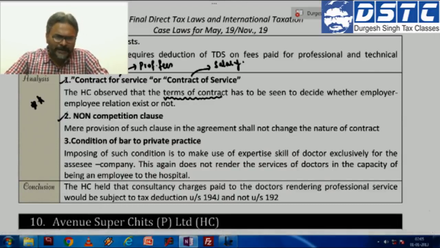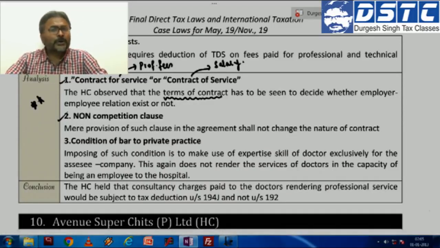So primarily this non-competition clause, which says that you are not supposed to do your private practice, was also necessary to ensure there is a complete restriction on these doctors doing private practice. But does that by itself imply that they are employees?